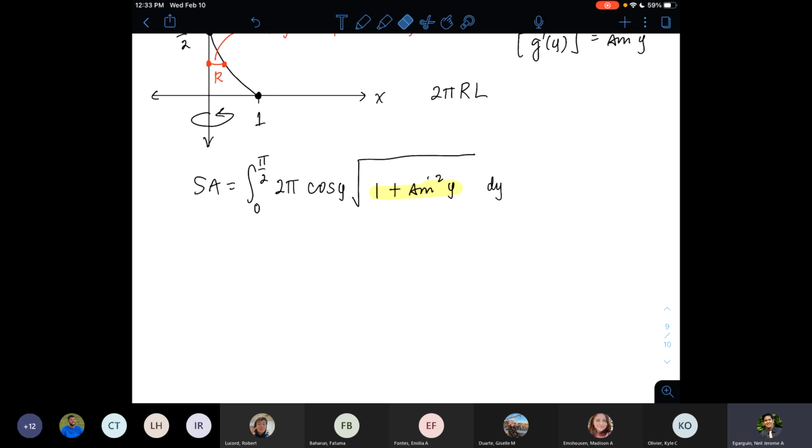Here you will need trigonometric substitution. You will let tangent u equal sine y. But let's stop here because that is a chapter 8 technique. So at least we have set up the integral that gives us the surface area.